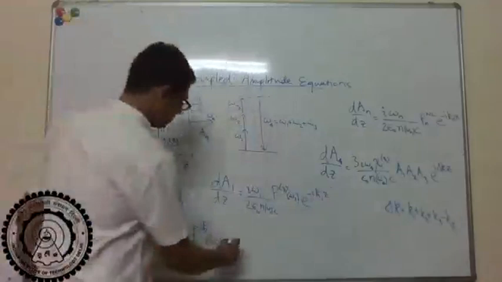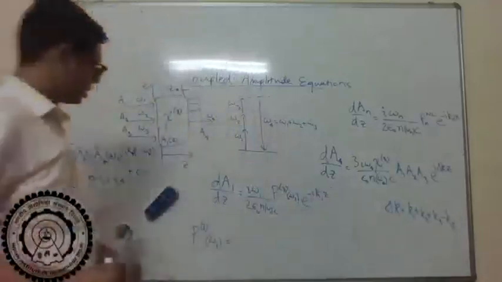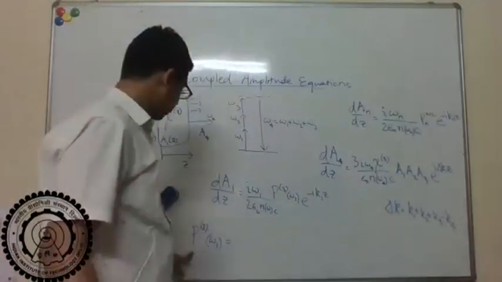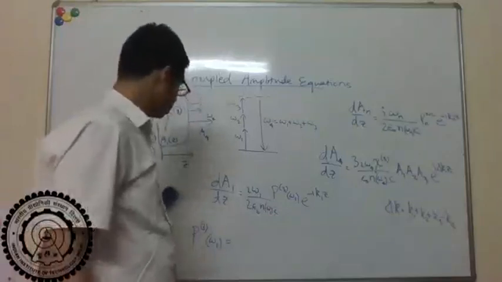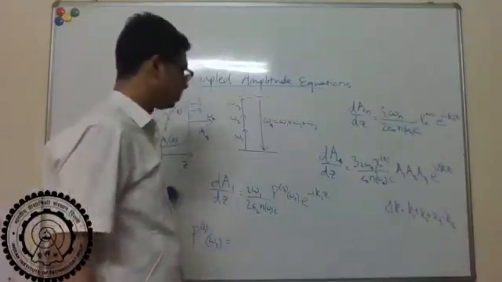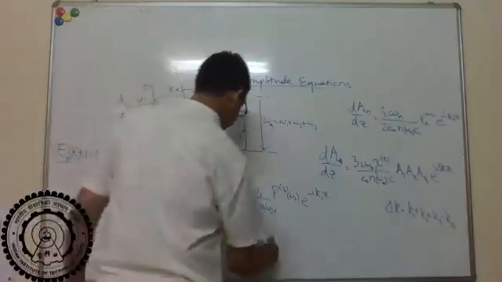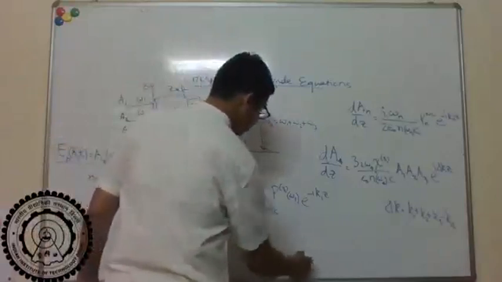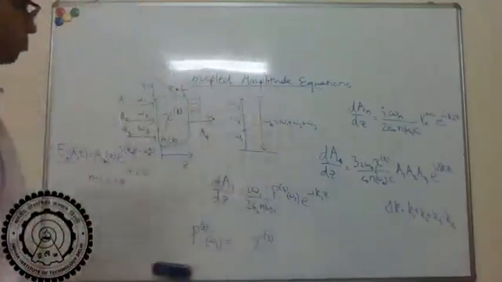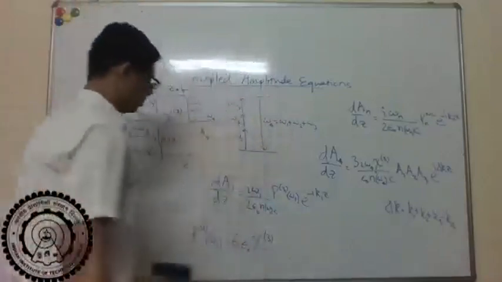So how will I write this? The nonlinear polarization induced at frequency omega 1. So on the right hand side, of course, I need to have some chi3, and then I need to have a product of three fields, right? And the degeneracy factor, etc., is the same.